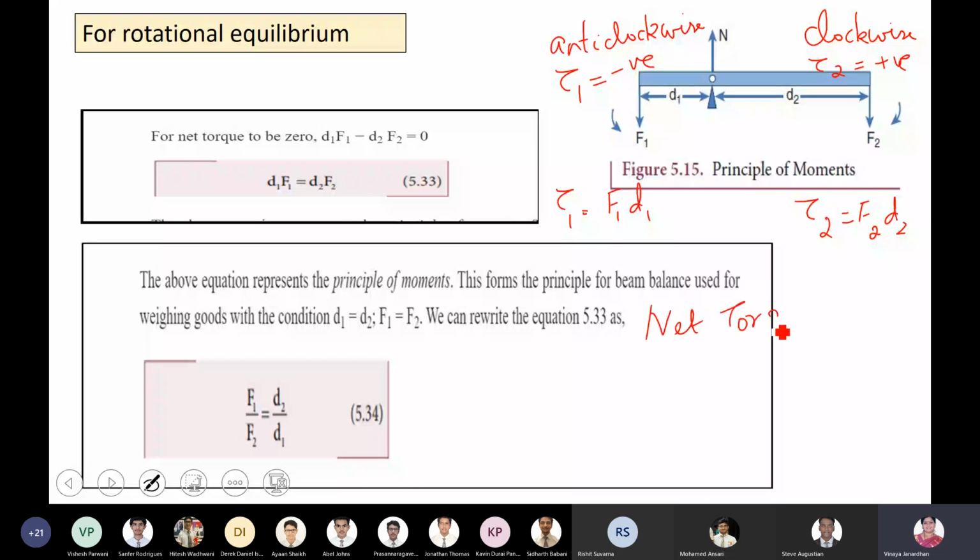So tau becomes equal to minus F1 D1 plus F2 D2. That must be equal to 0, or I can write F1 D1 is equal to F2 D2, or F1 by F2 is equal to D2 by D1.